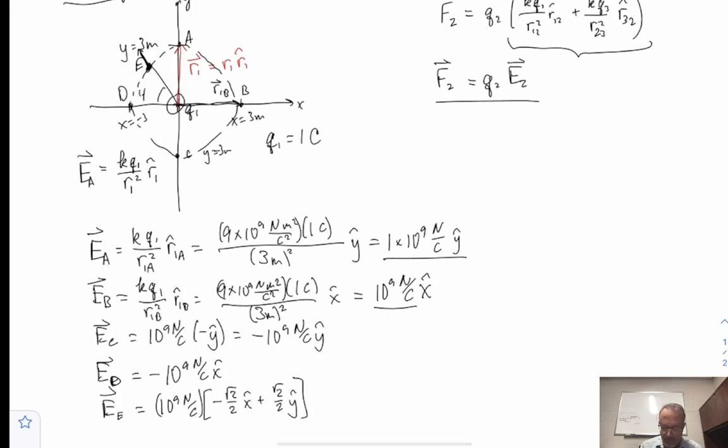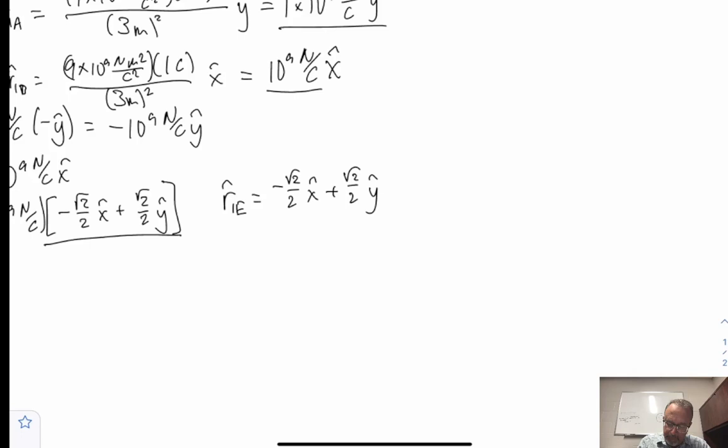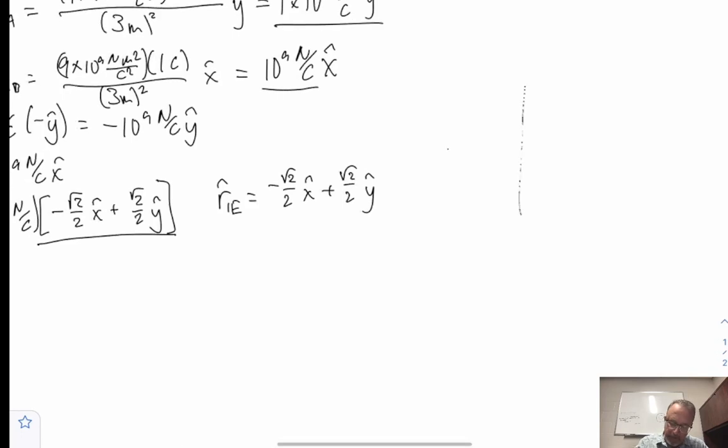How did I get that as the unit vector? In other words, R1E hat equals minus square root of 2 over 2 x hat plus square root of 2 over 2 y hat. Let's think for a minute about how I got that, because that can be really confusing for intro students. Remember, I'm looking at this point right here, at a 45-degree angle, and I'm looking for the vector in that direction, this R1E hat.